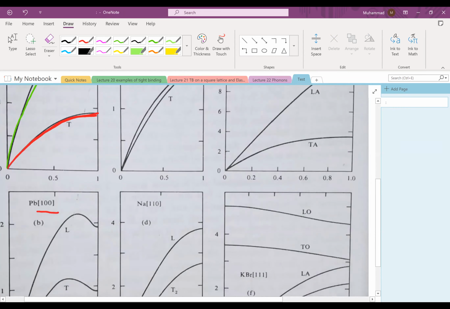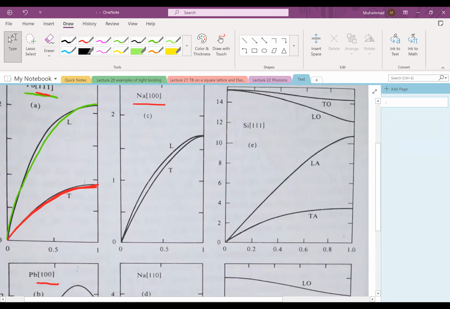Okay. For silicon, there are two atoms inside the unit cell. So there will be 6 branches in total. So 3 times 2 is 6, out of which 3 are of the acoustic kind: 1 longitudinal, and 2 of them overlapping with one another to form the transverse acoustic branch.